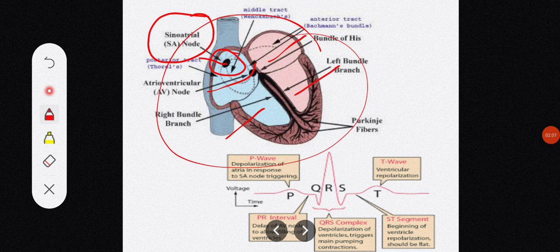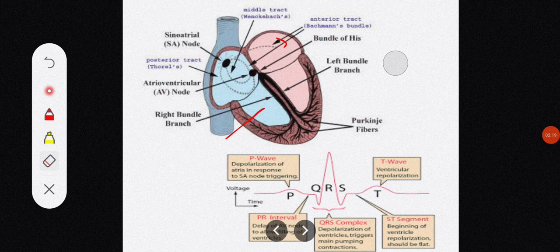So in this way, from the sinoatrial node, the excitation wave travels through both the atria.